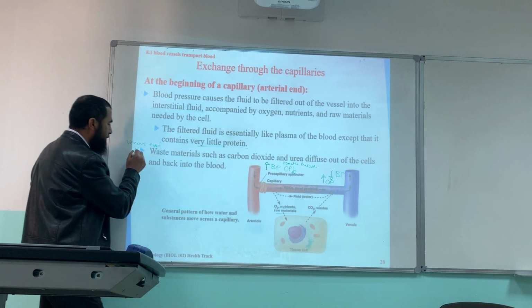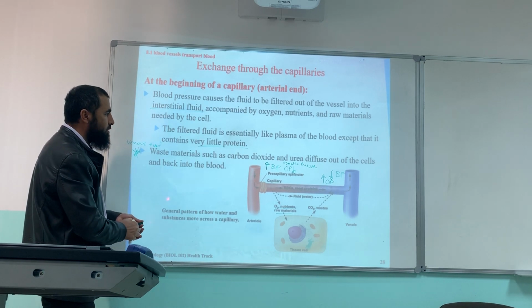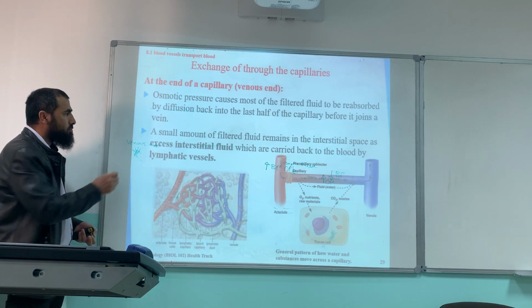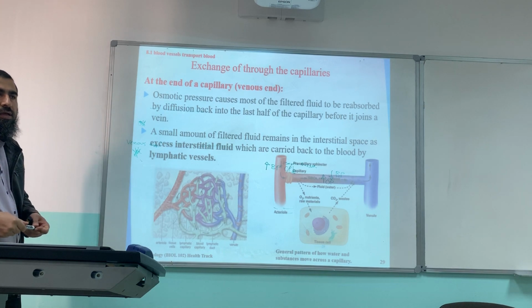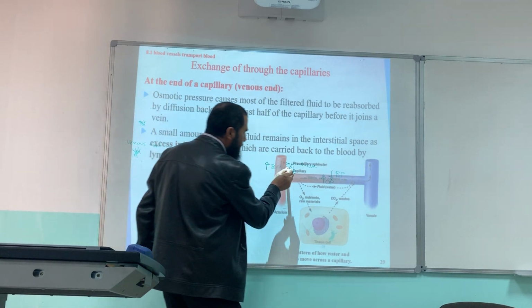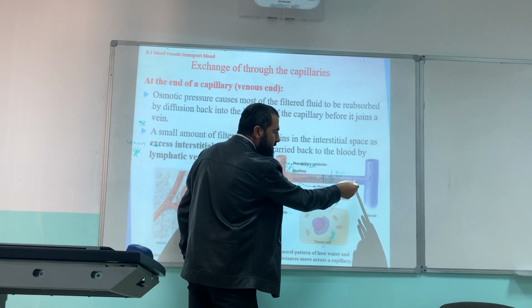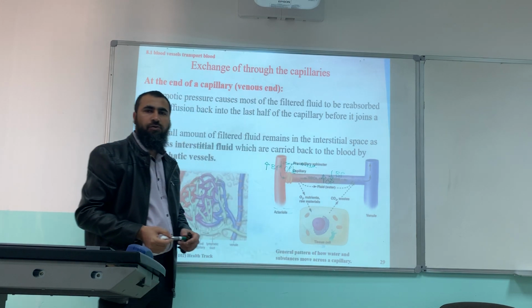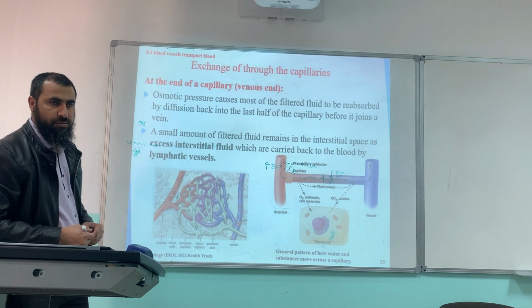So this point I mentioned belongs here. At the arterial end, blood pressure causes fluid to move out. At the venous end, the osmotic pressure is responsible for returning the fluids back with waste and carbon dioxide.